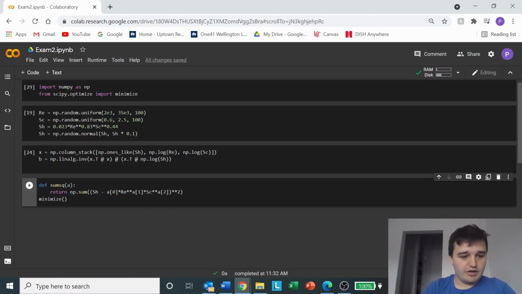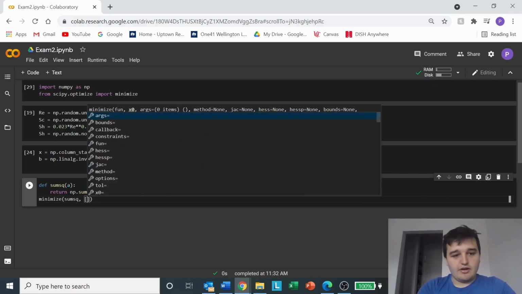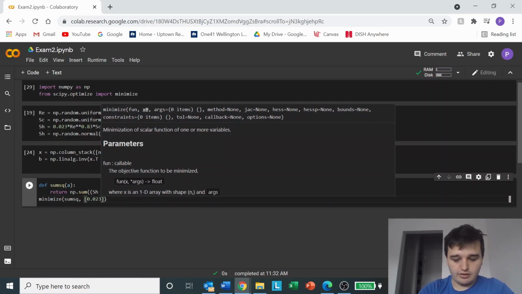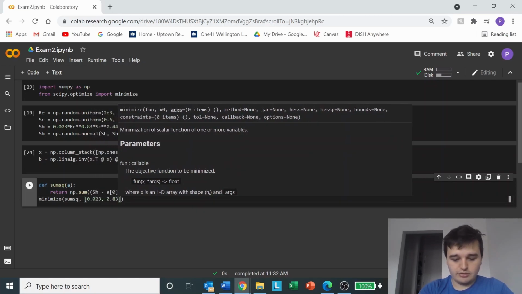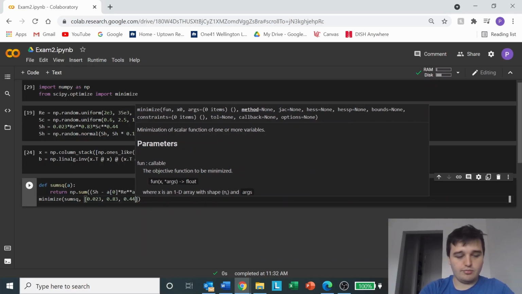So again, we created a function for minimize, and that function was called sum_squares. The second argument is an array of our initial guesses. For our initial guesses, we're just going to use 0.023, 0.83, and 0.44 that we got from our initial equation.